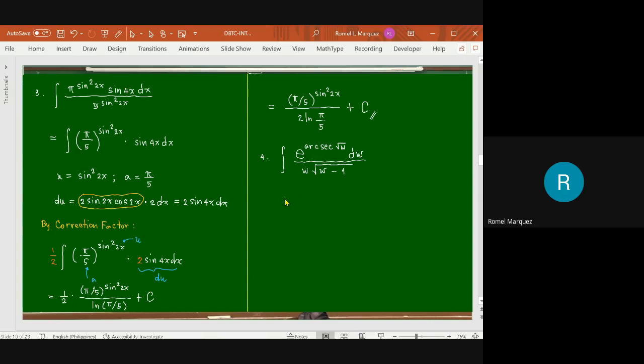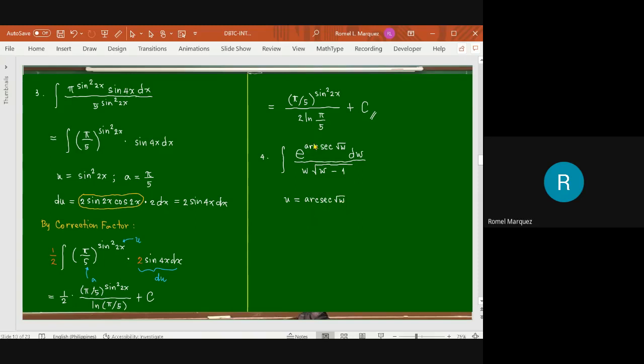Okay. So what is our u here, guys? Arc secant of square root of w.